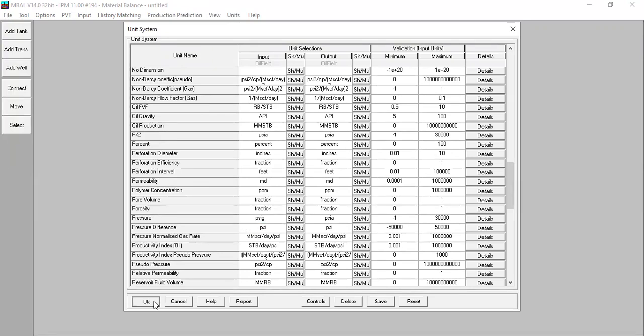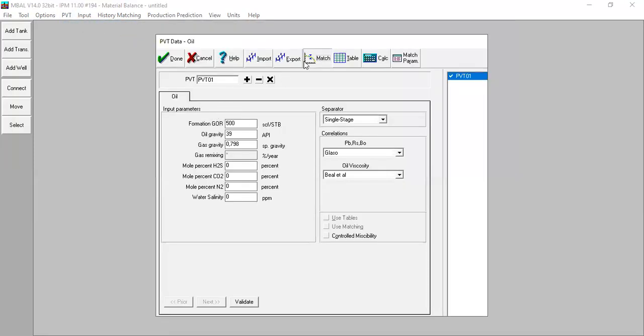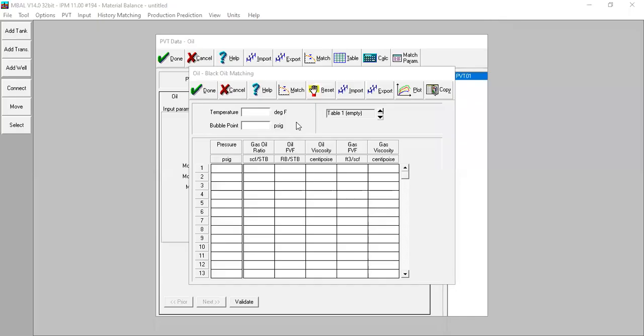I will click OK, go back to PVT, and then match. The temperature is again 250 degrees Fahrenheit with bubble point pressure of 2200, and one data at reservoir pressure: the gas oil ratio is 500, oil formation volume factor is 1.32, and oil viscosity of 0.4. With only this data I will do PVT matching.